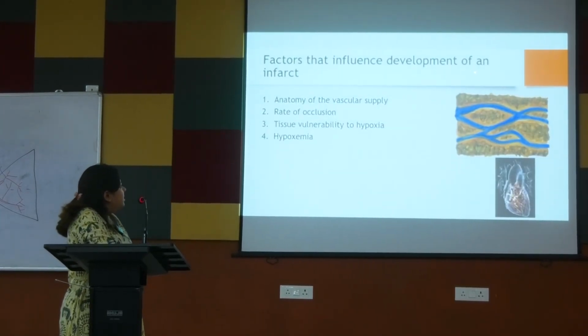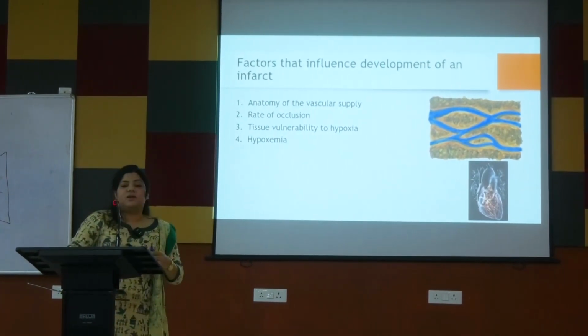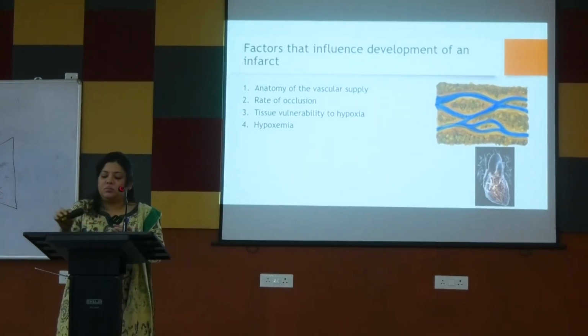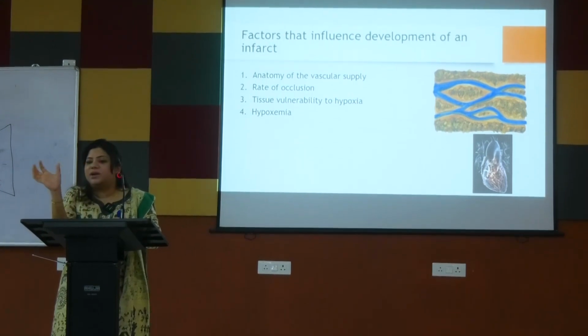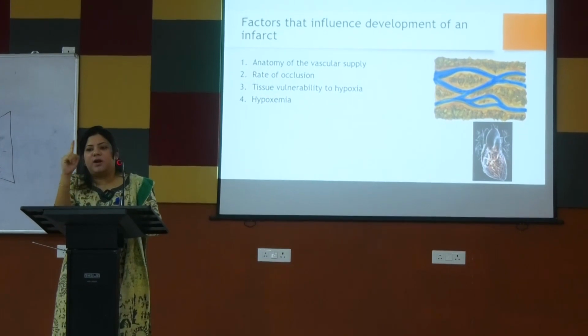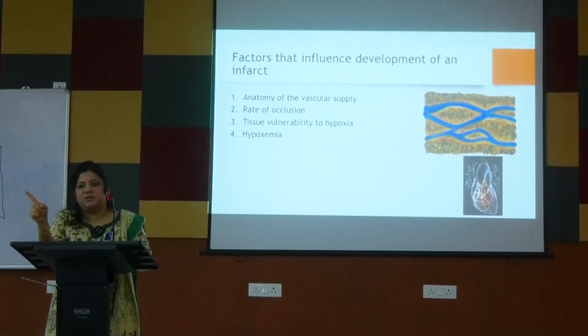Now, factors that influence development of an infarct. Obviously, firstly, the anatomy of the vascular supply. What is that? Say there is a lot of anastomosis in that area. So even if one vessel is occluded, it is still getting blood from the rest of the vessels.